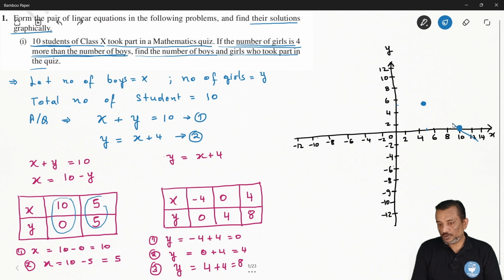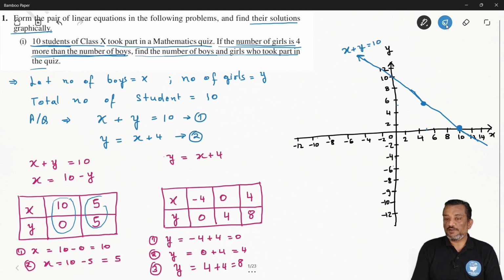So you can say this is the first line you are getting. So this is the first line of the equation. If you want, you can write here this is your first equation, that is x plus y is equal to 10.